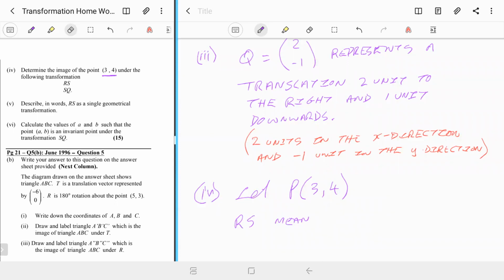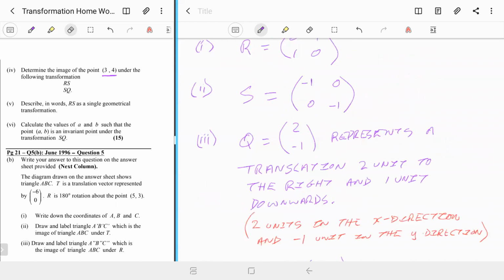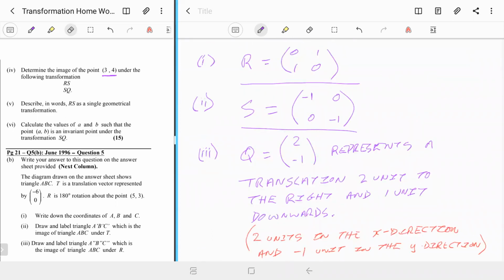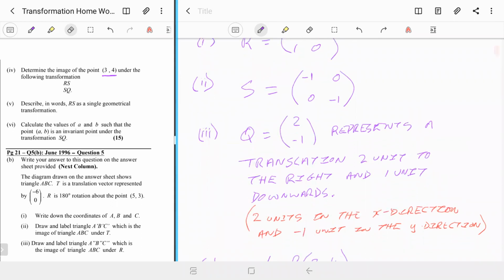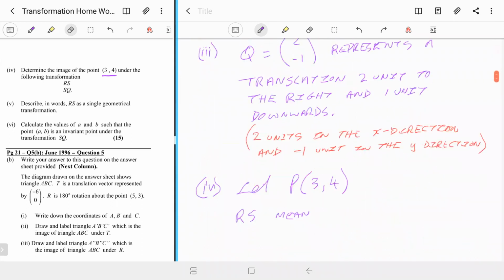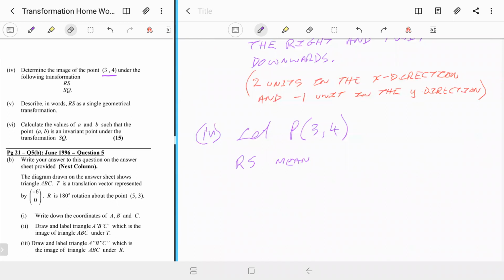Remember R is a 2x2 transformation matrix, and S is a 2x2 transformation matrix. This one is a reflection in the line y equals x. That's a 180-degree rotation. What does RS mean? We just did it a while ago. All right, answer.